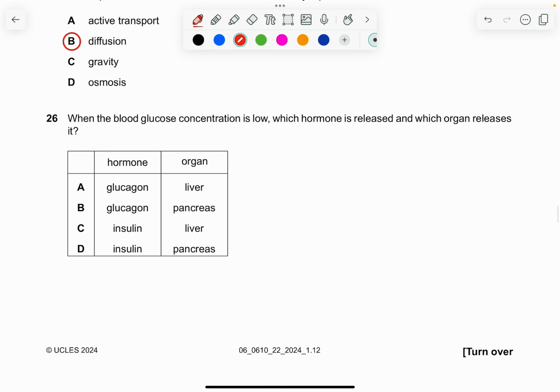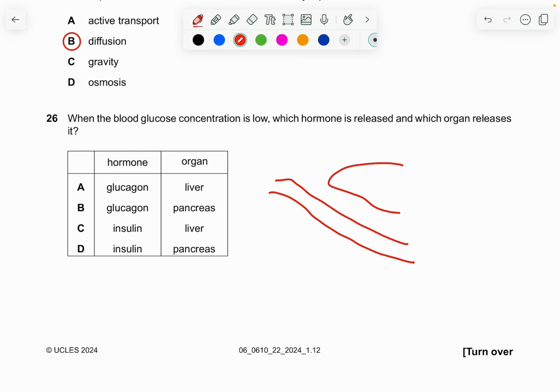And question 26. When the blood glucose concentration is low, which hormone is released and which organ releases it? Alright, so let's picture this scenario. In the bloodstream, let's take for example, this is the organ and it has a tubing into it. So what happens is that now inside the bloodstream there is less blood glucose. Let's say blood glucose concentration drops.